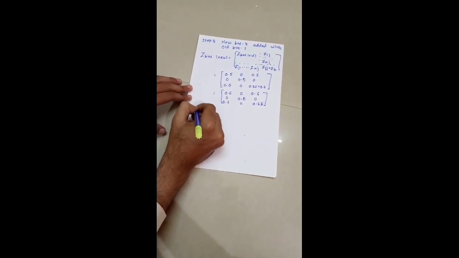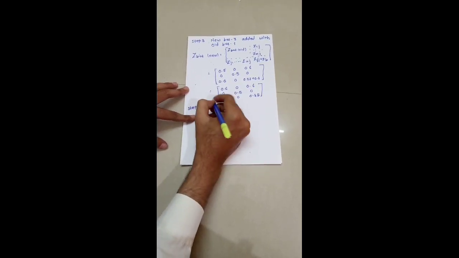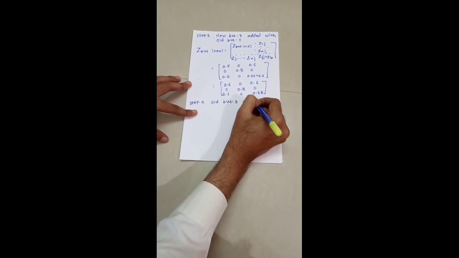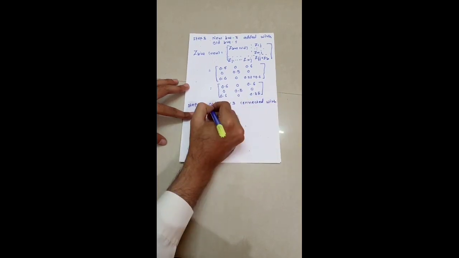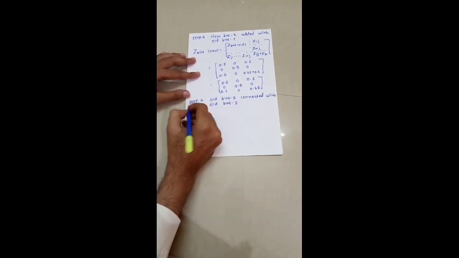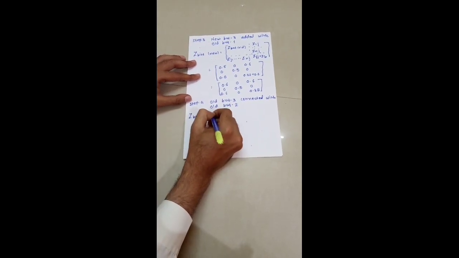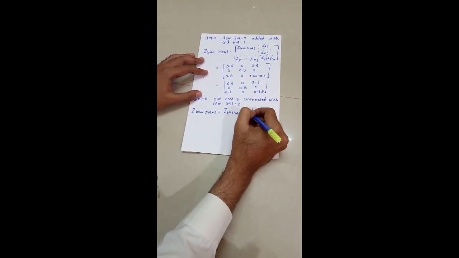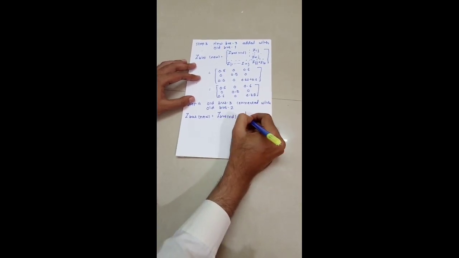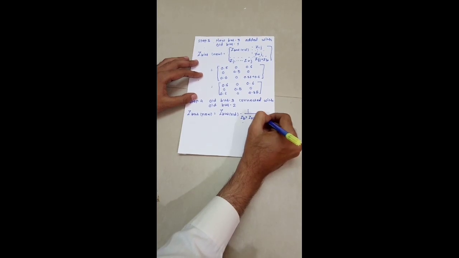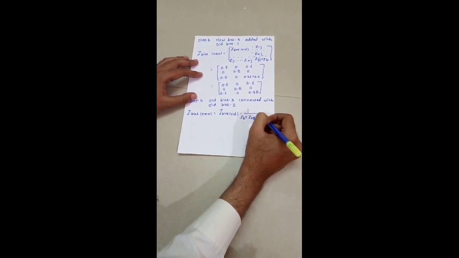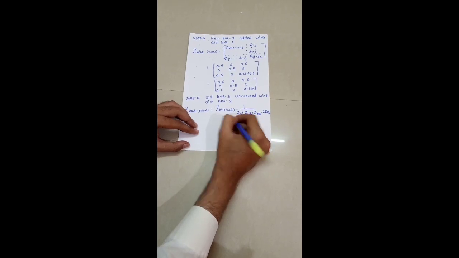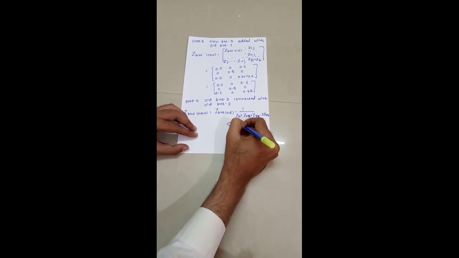Now step 4, old bus 3 connected with old bus 2, and Z bus new is equal to Z bus old minus 1 divided by ZB plus Z23 plus Z32 minus Z22 plus Z33 minus 2 times Z23, times CB and CB transpose.